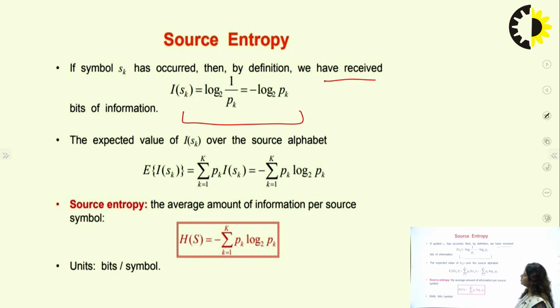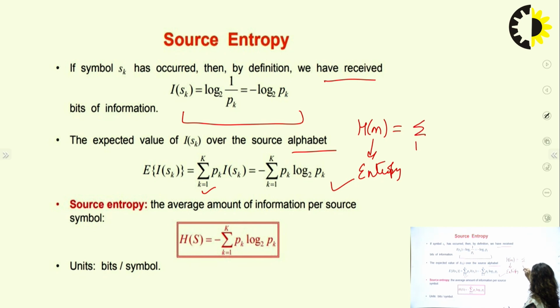So the expected value or the mean value of this information is given by the summation over k equal to 1 to K of Pk times I(Sk). With the help of the minus sign we can also write the entropy H of a source as the summation over k equal to 1 to K of Pk log2(1/Pk).